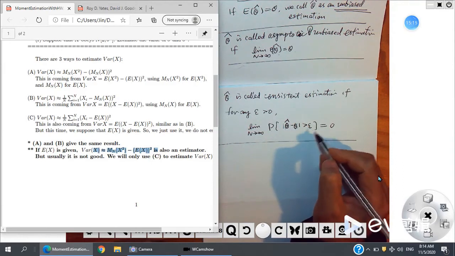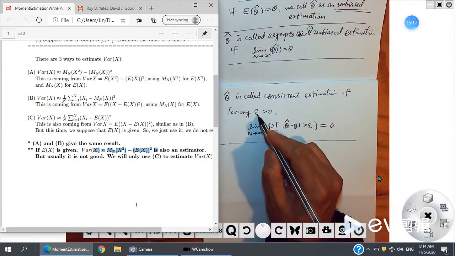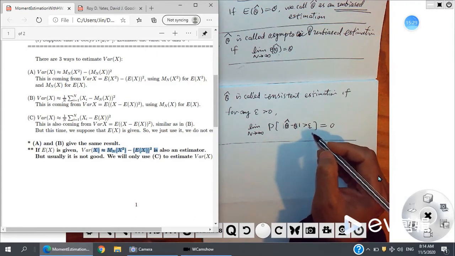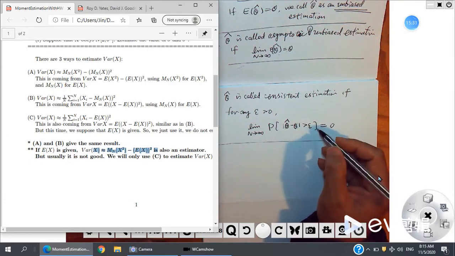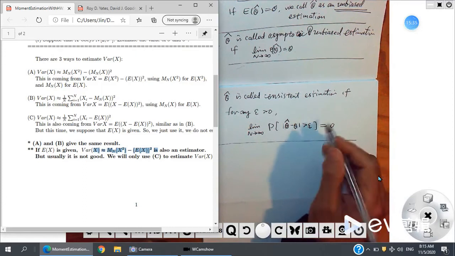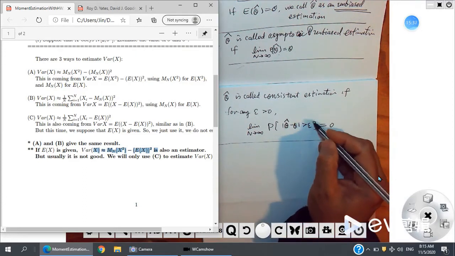And also this epsilon could be any positive number. That means you can choose epsilon like 1/10 or 1%, or 10 to the -5, or like that, right? So you can think of this as an error bound.